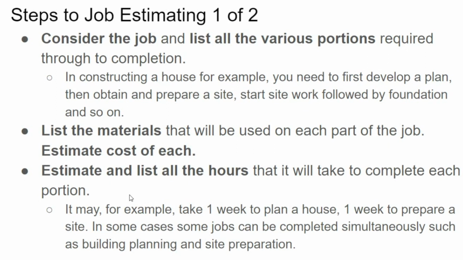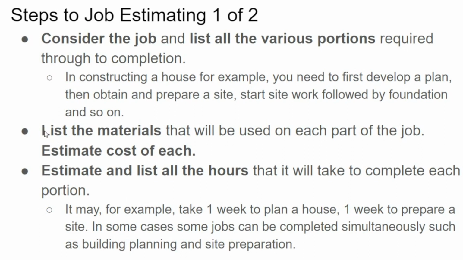So you're thinking about all the components that are required and how long it's going to take to do each of those components. The materials would be the stainless steel, two pieces at $200 each or $300 each, whatever it is. That's what you need to consider.